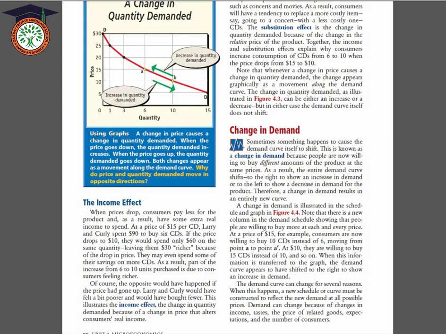You understand? So that's what we call complements. The sale of the Happy Meal in McDonald's increases, and the sale of the bakery also increases, because they are using the bakery's product in order to fulfill the Happy Meal. You understand?